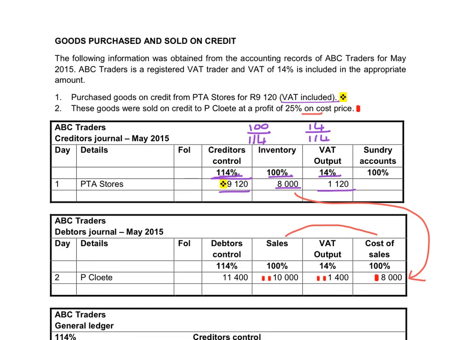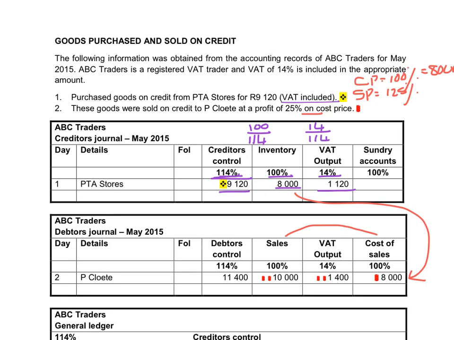The profit was made on cost price, so cost price equals 100%, and the sales price equals 125%. The cost price was given to us as 8,000.